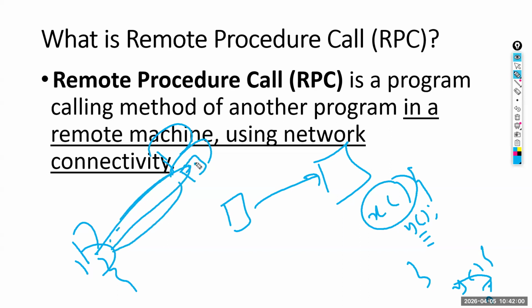Here you directly call the method in the remote machine, rather than calling it using a web service, which is a higher level of abstraction. It is done using the network. Is it clear?